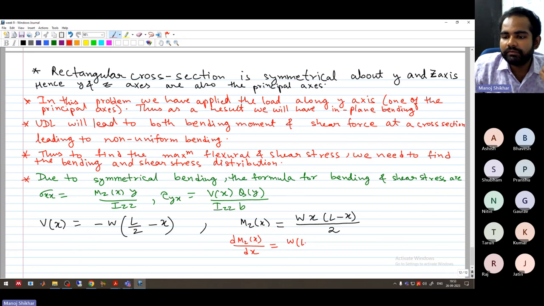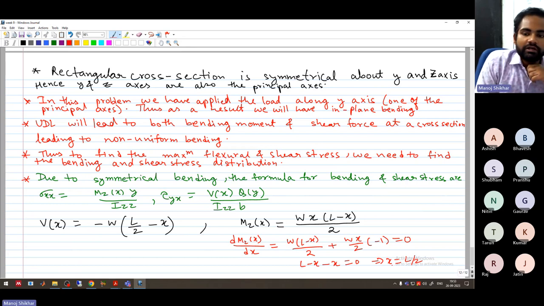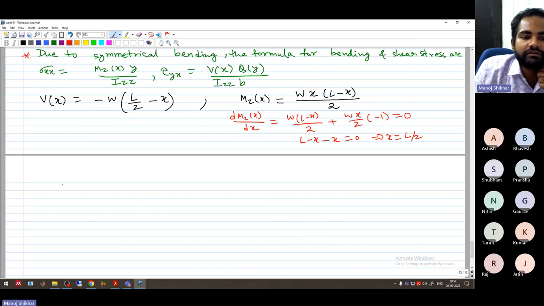So this will be W into (L minus x) upon 2 plus Wx by 2 into minus 1 equal to 0. From here, the 2 and W can be removed, so we will have L minus x equal to 0. So from here we get x equal to L by 2. Now, to check if this is a maxima or minima, we need to differentiate once again.